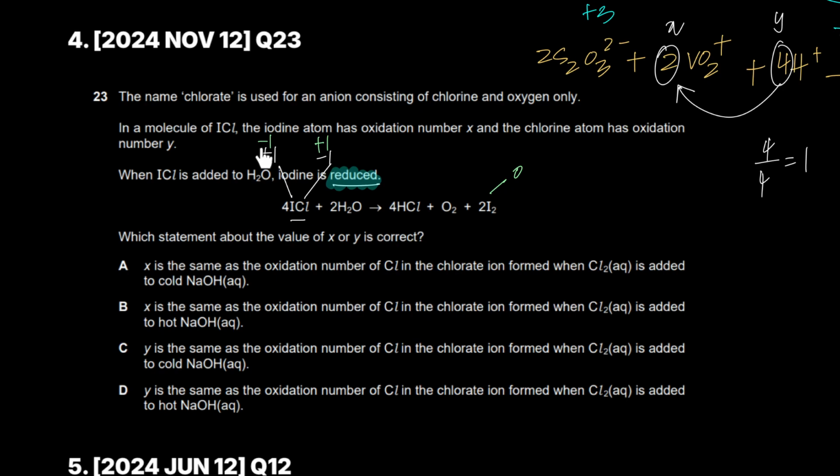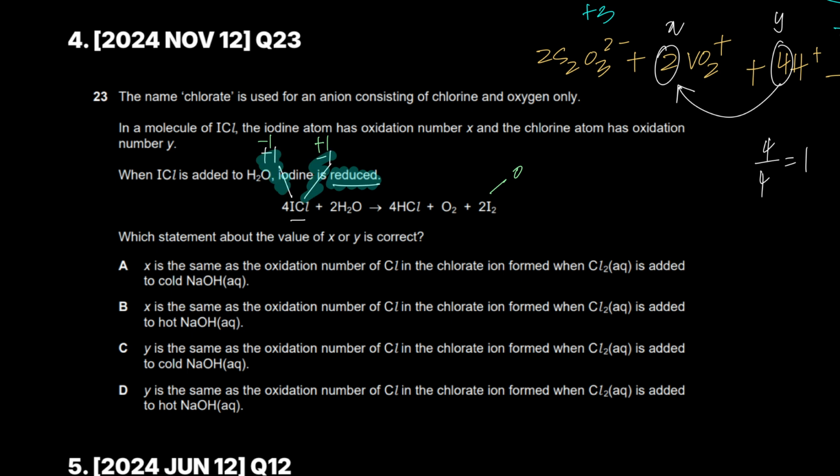Then I would say that I is -1 and this is +1. And if he's telling me that it's reduced, that means it was +1 and it went to 0. Yeah, there are only two possibilities. And I understood that he told me it's reduced, which means it must have gone from +1 to 0. So this is the correct one. This is +1 and this would be -1.